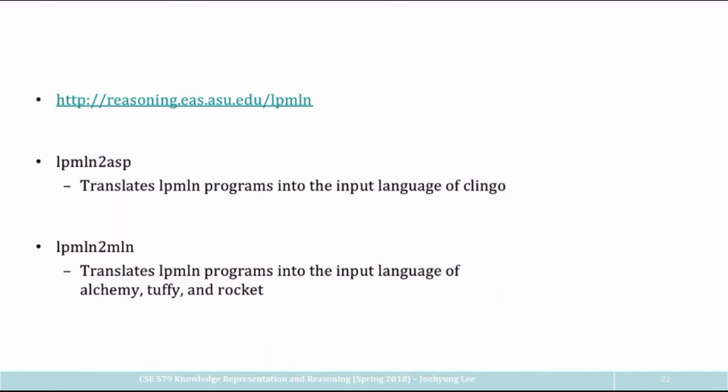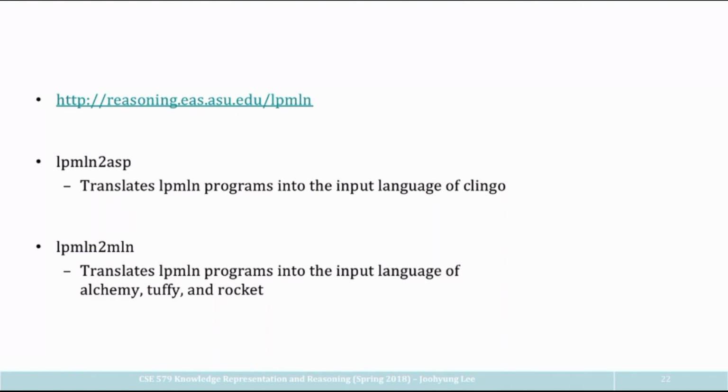The first one uses Clingo as an engine for LPMLN. The second one uses Alchemy as an engine for LPMLN. We also support other Markov logic network implementations, which are Tuffy and Rockit. There are options that you can call with LPMLN to MLN.